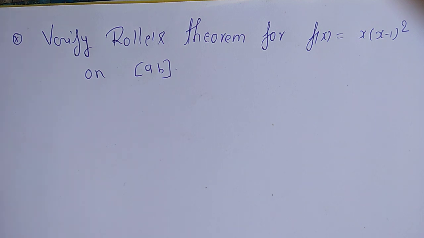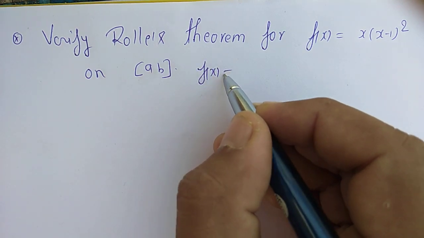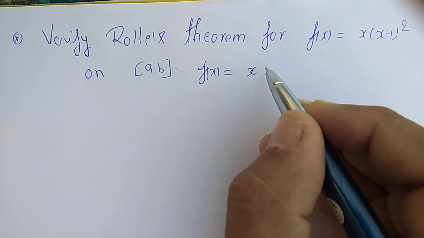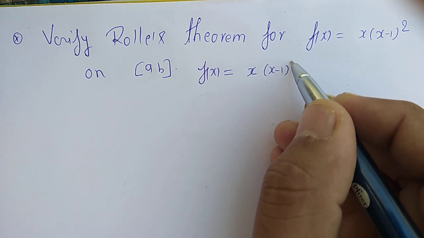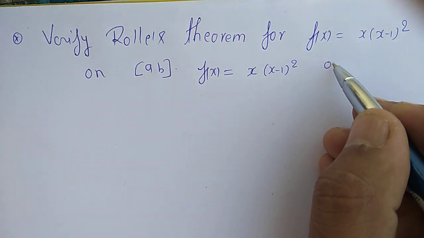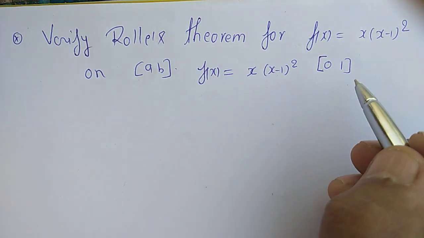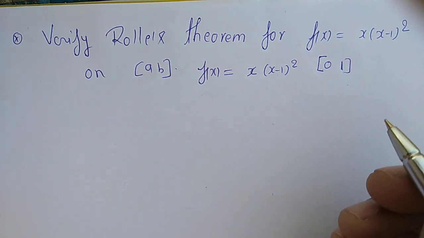Find the point where derivative is 0 using Rolle's theorem. So your f is given here. You can see f of x equal to x into x minus 1 whole square, defined on, let us take 0 to 1, a equal to 0 and b equal to 1.